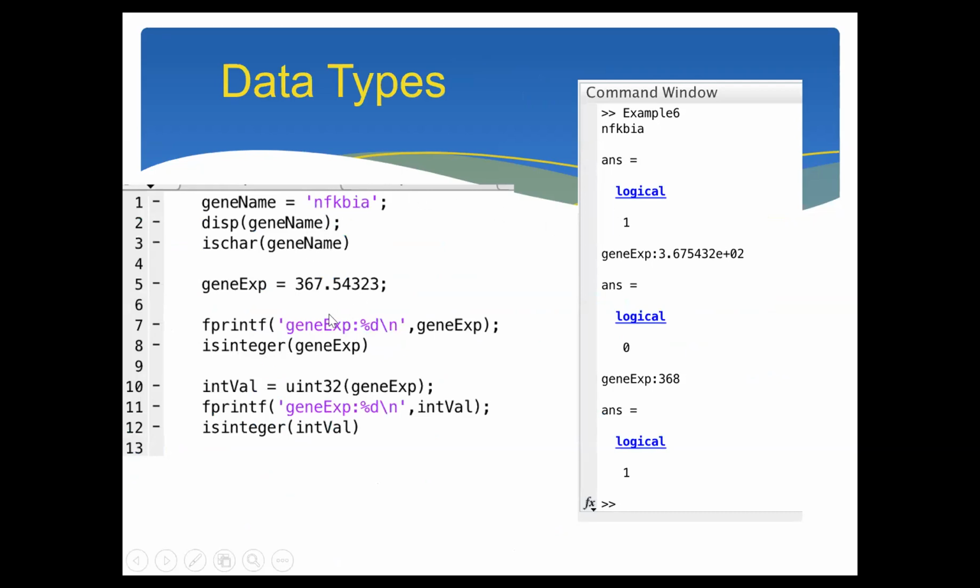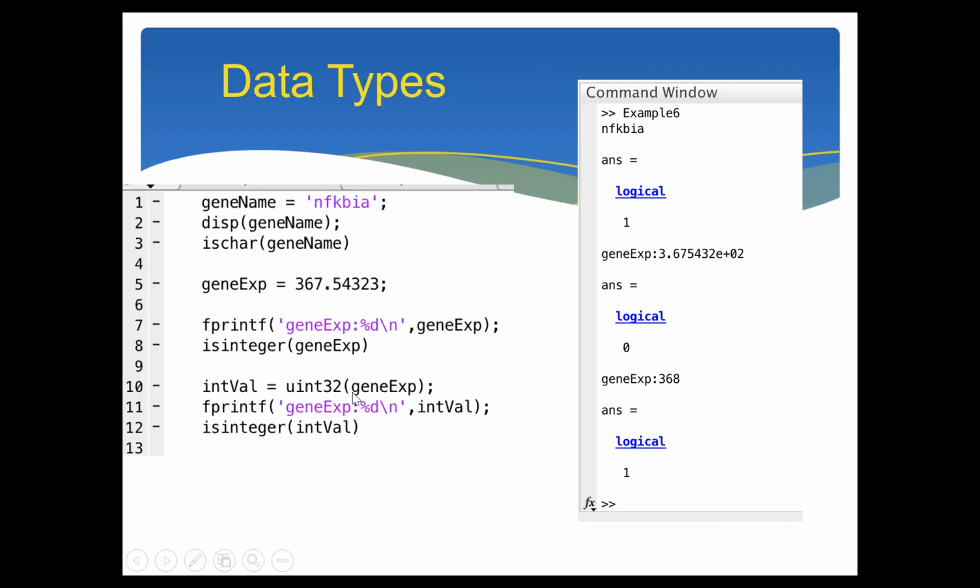And this is another example to show these data types. We have those variables. We check whether it's a char, and we can print it out and check whether it's an integer. For example, this one, if we check whether it's an integer, the answer is 0 because it has many digits afterwards. And we can also check after we put a function on it to make it an integer.